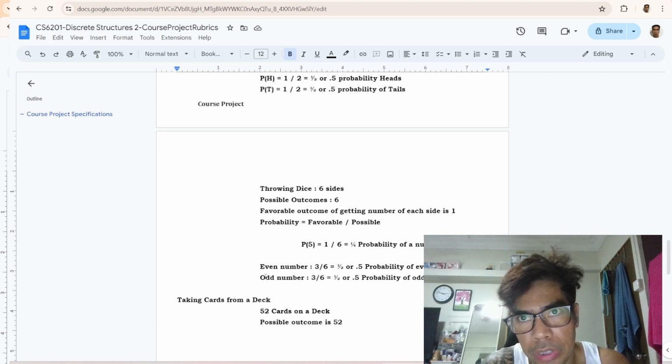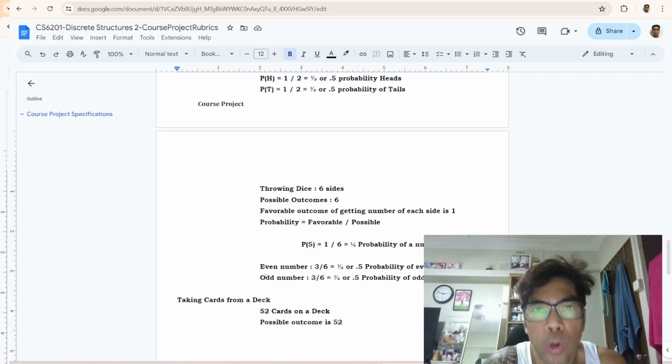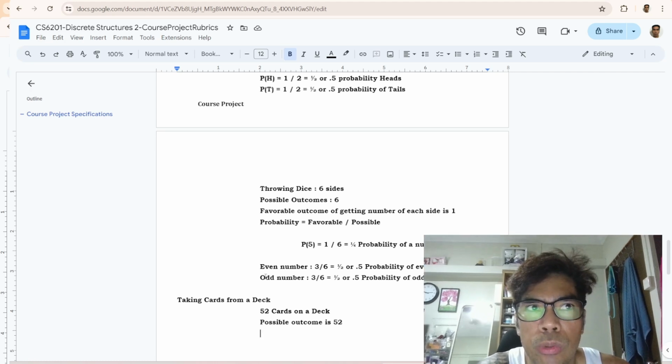For example, we want to draw a specific card: three of spades, five of hearts, king of hearts. There are also cases where you want to draw a red card without specifying a number or a face card, or you want to draw an ace.